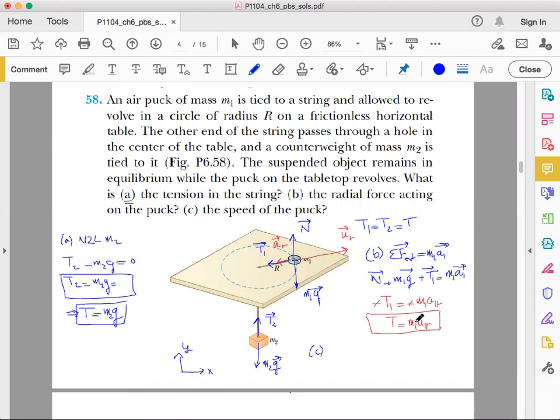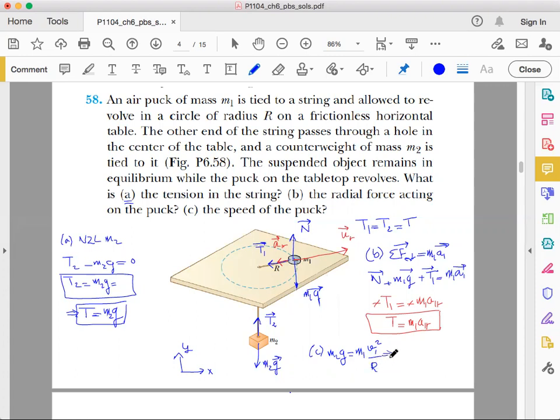So let's replace each of these variables by its expression. We know that T is equal to m2 times g. So m2 times g is equal to m1 times a1R, which is v1 squared divided by r, where r is the radius along which the puck is moving.